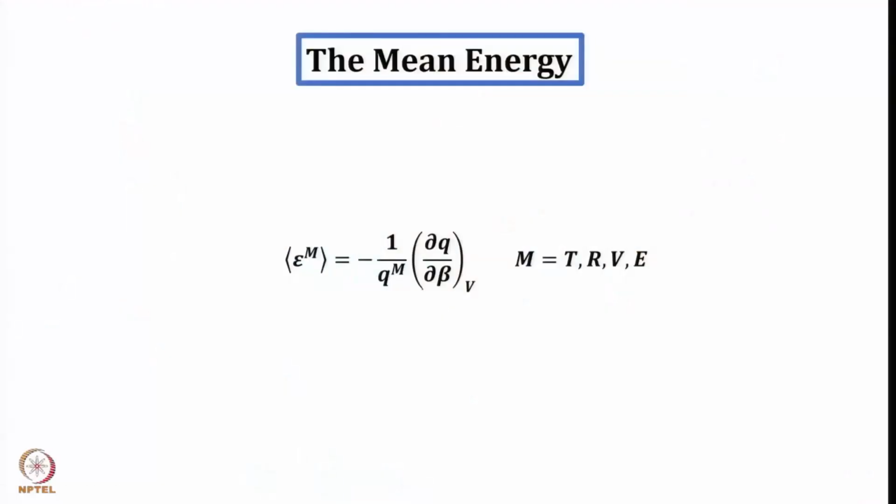Let us go back to the discussion we were having earlier, that the mean energy of a molecule can be obtained from the knowledge of its molecular partition function. Here M is a particular mode, which is translational, rotational, vibrational, or electronic.